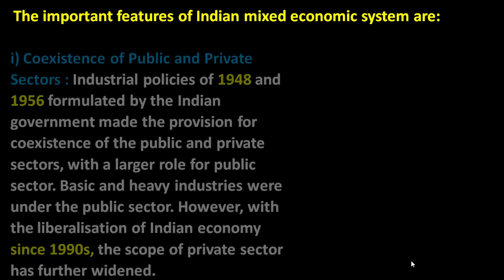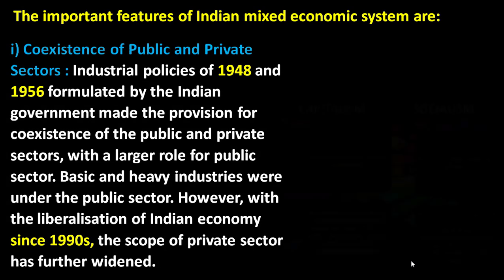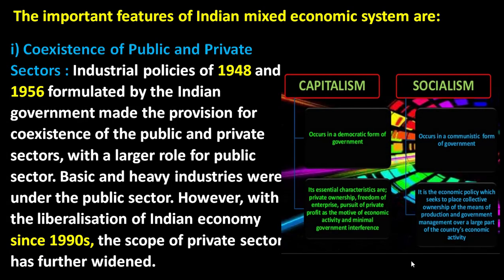Here are some of the very important features of India as a mixed economy. Among them, first, coexistence of public and private sector. The Industrial Policies of 1948 and 1956 formulated by the Indian government made provision for the existence of the public as well as the private sector.